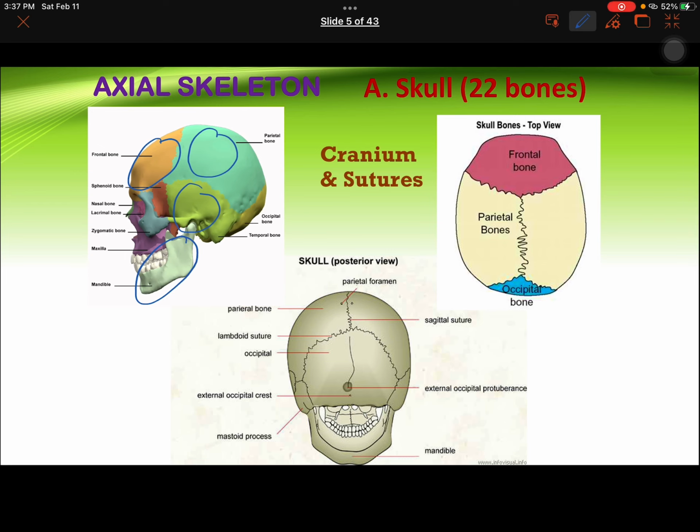The skull in posterior view, we have here the occipital bone, the one that rests in the base of your skull. And we have sutures. The sutures here are lines of fusion.